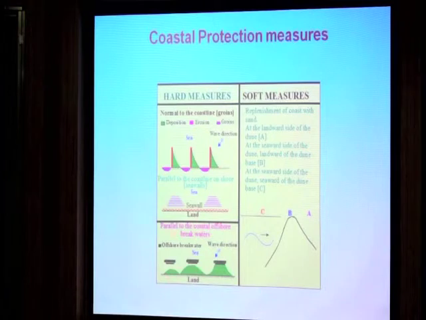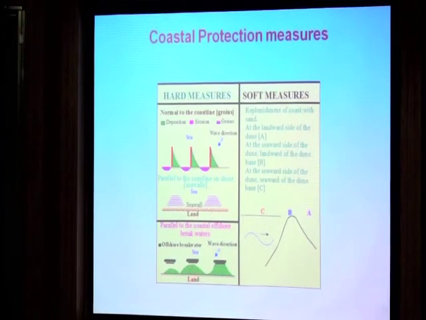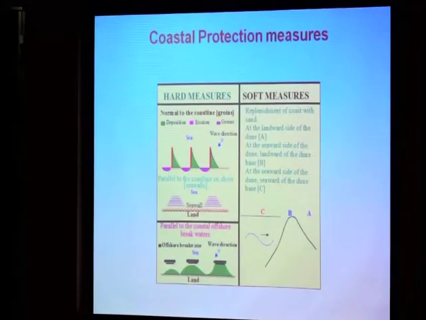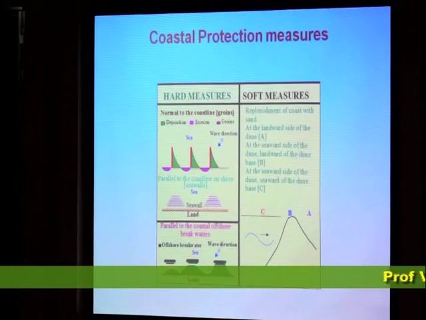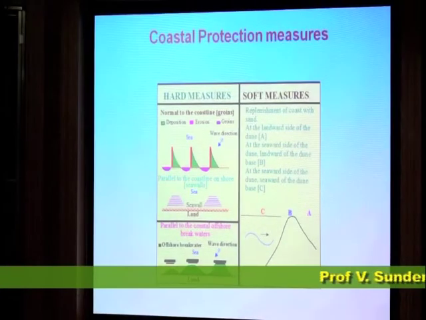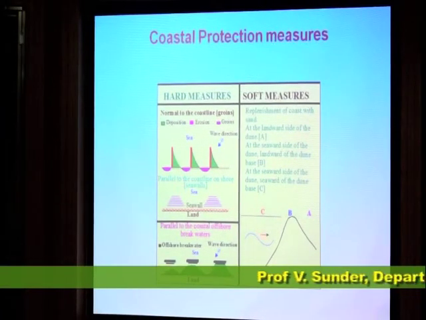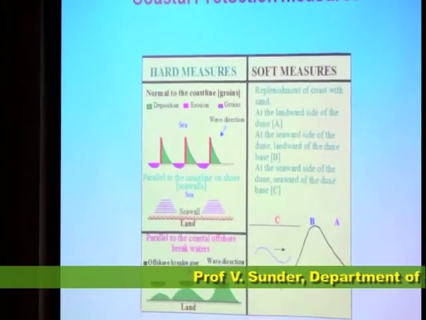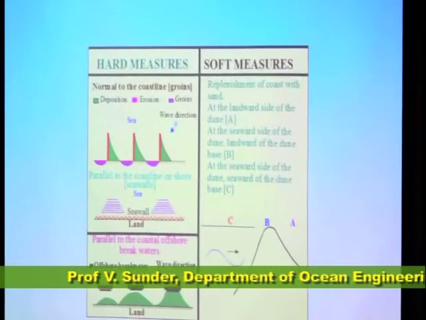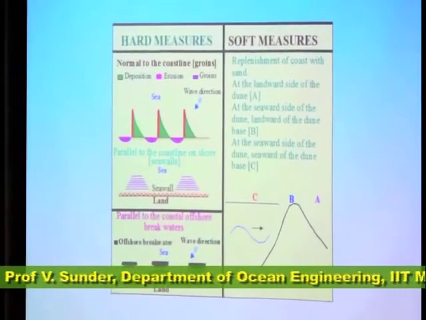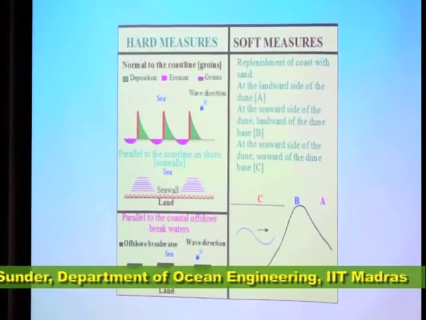Then the other one is the offshore detached breakwater, which promotes beaches as shown here, and even the groin field promotes beaches. None of them are innovative solutions. They are all solutions existing for centuries. And the other one is the soft measure. You just dump the sand which is getting accumulated at one particular area and shift it to the area which is starving for sediments.